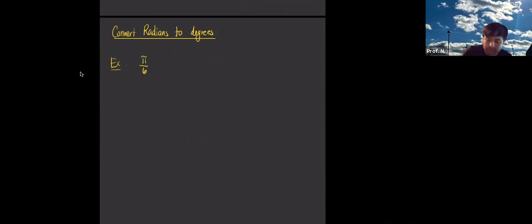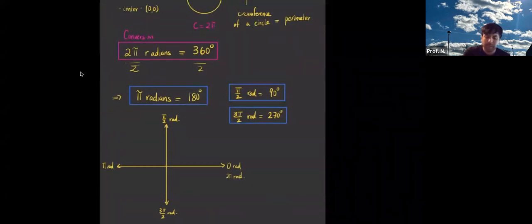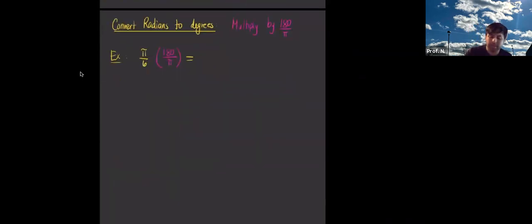Well, I have to multiply by a certain factor. I multiply by 180 over pi. Now, why do I do that? Because, remember, I mentioned pi radians is 180 degrees.